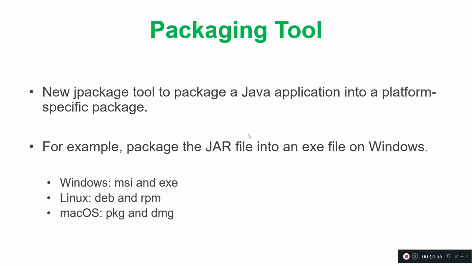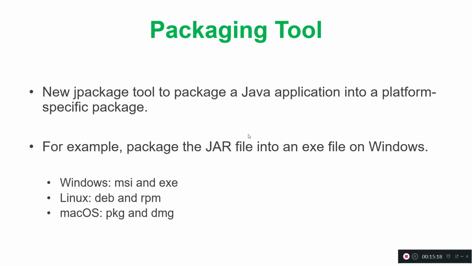In Java we deal with classes, Java files and jar files, but these jars are not understood by the operating systems. Windows doesn't understand the jar file, it can understand only an MSI file or exe file, and in the same way Mac can understand a PKG or DMG file.